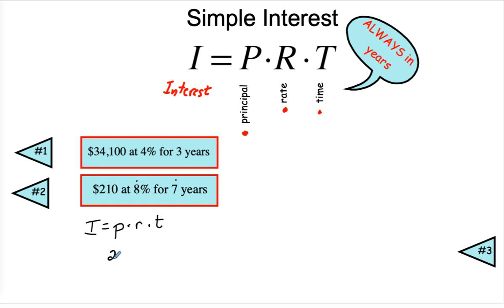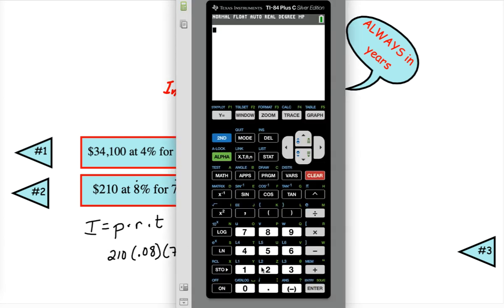Well, your principal is $210. Your rate was you agreed to pay them 8 cents per dollar, and you're going to do that for 7 years.